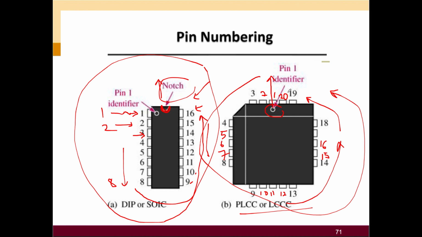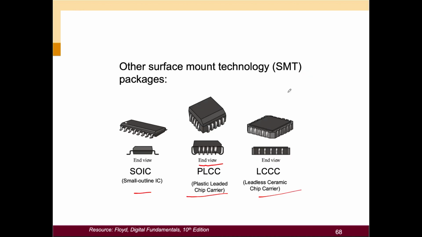This is important. If you are a programmer, you will always do a program for your IC, so you need to know how to identify the pin number. Is it clear? So I go back first to this example. This is the example for other chips: the small outline IC, the plastic leaded chip carrier, and the leadless ceramic chip carrier LCC.